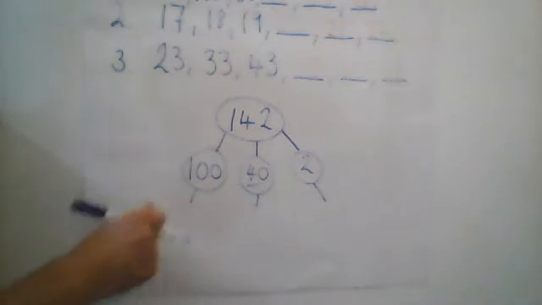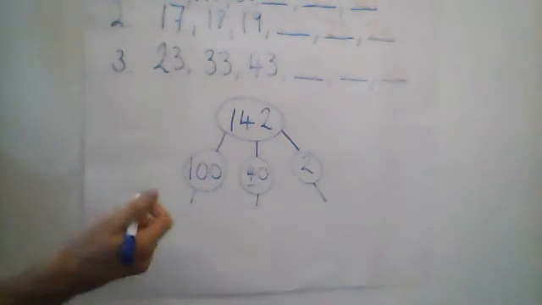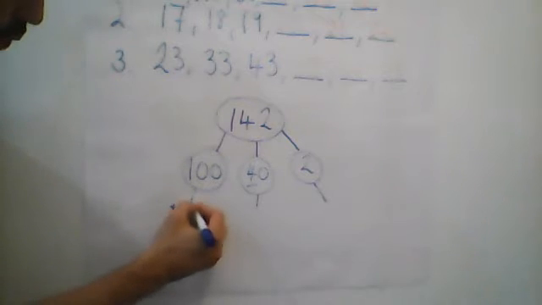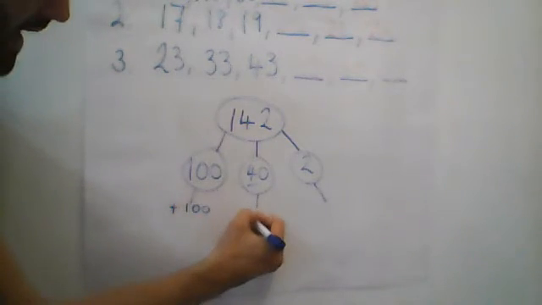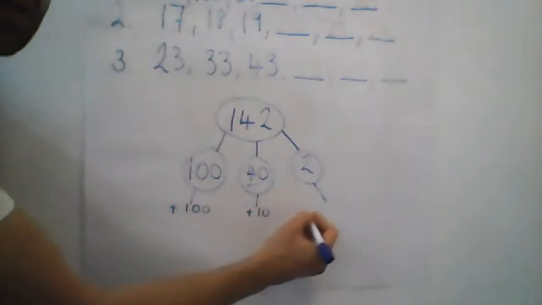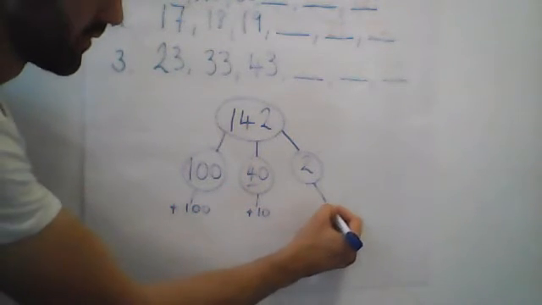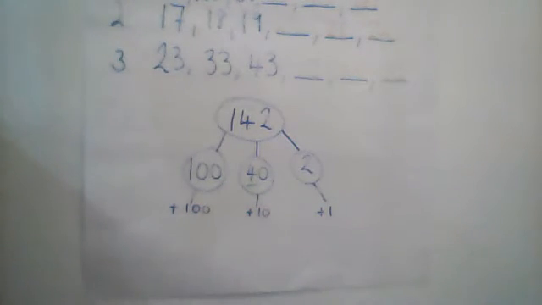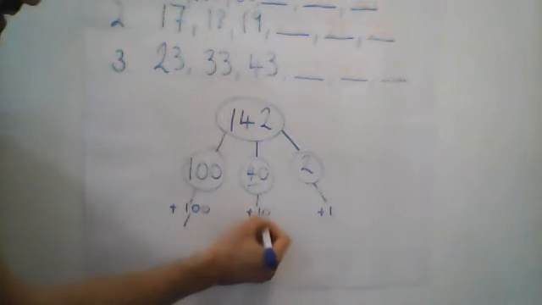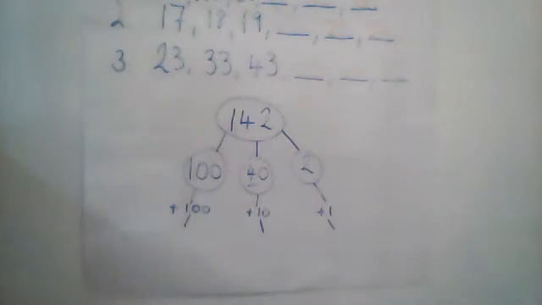In each box underneath our part-whole model, I'm going to add 100, add 1 lot of 10, add 1 one, okay? And what I want you to do on the other side of this part-whole model, Year 3, is show me what those numbers would look like.